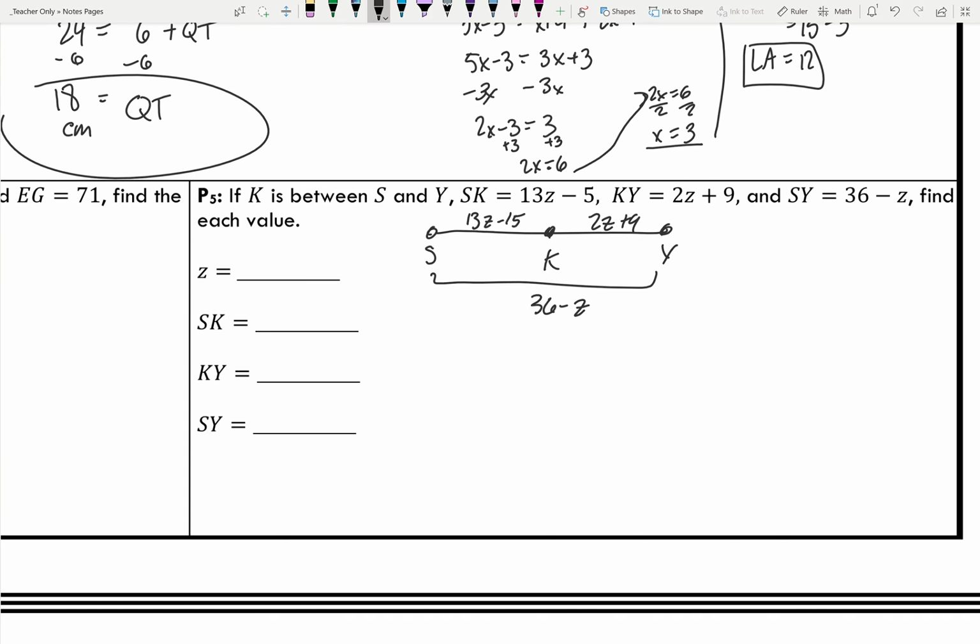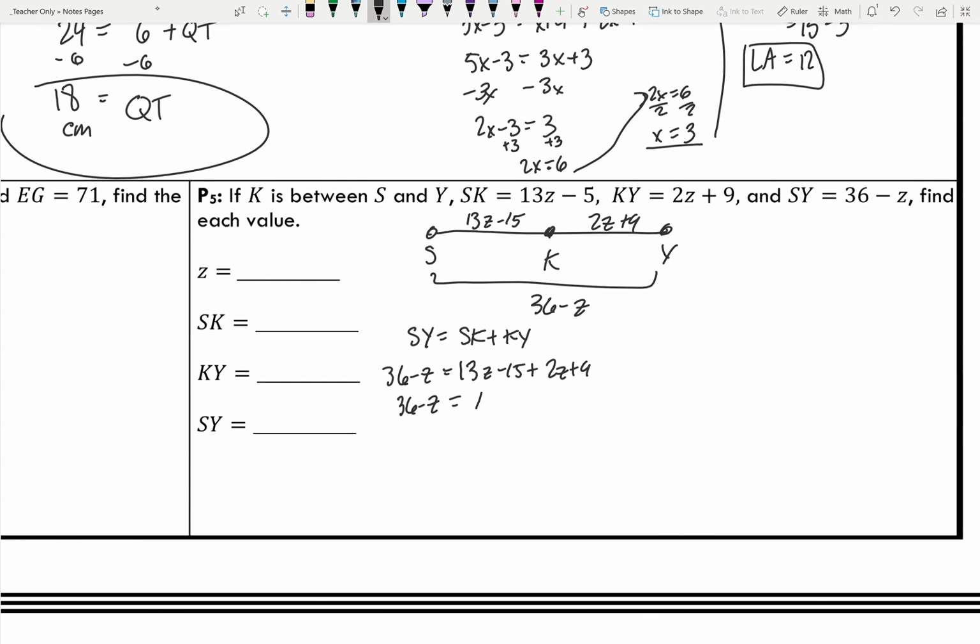Our equation is SY is equal to SK plus KY. Plugging in, I get 36 minus Z is equal to 13Z minus 15 plus 2Z plus 9. I'm going to clean this up a little bit.